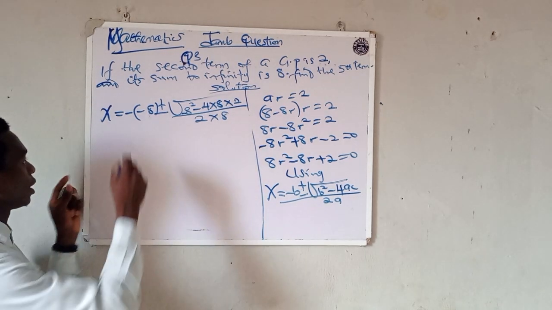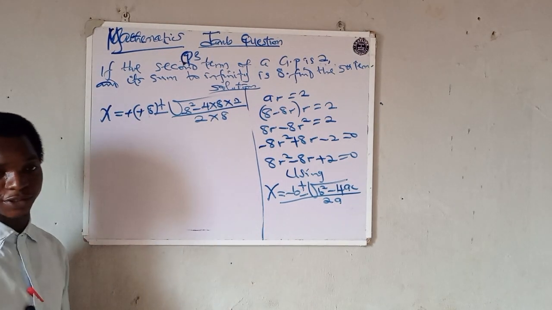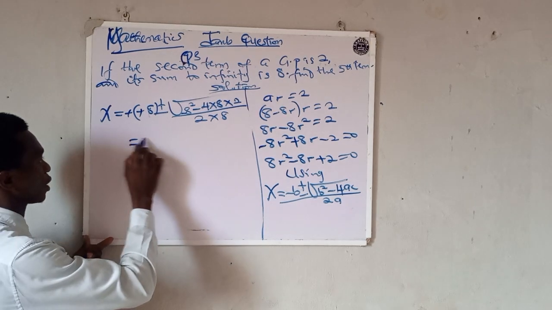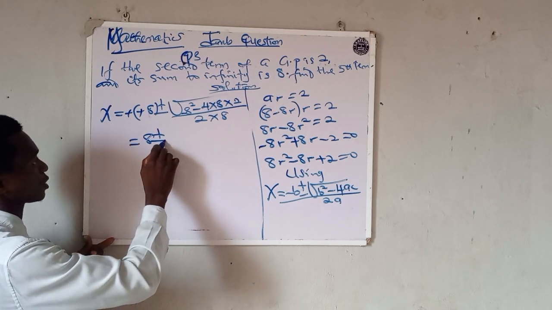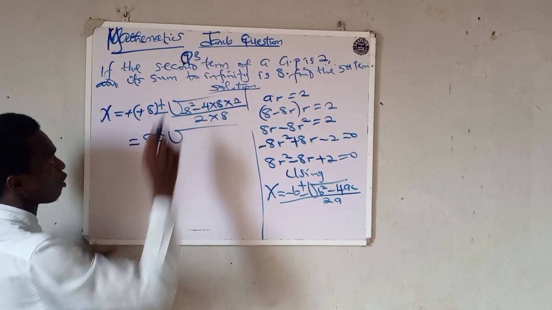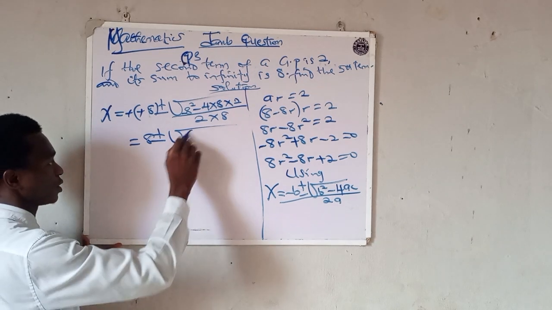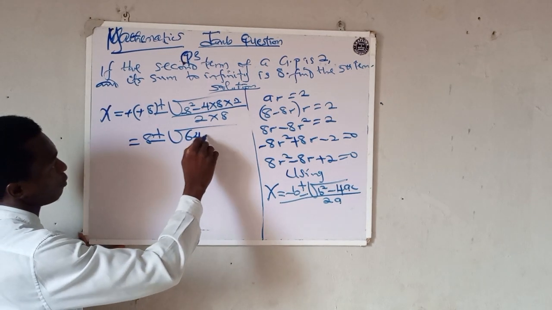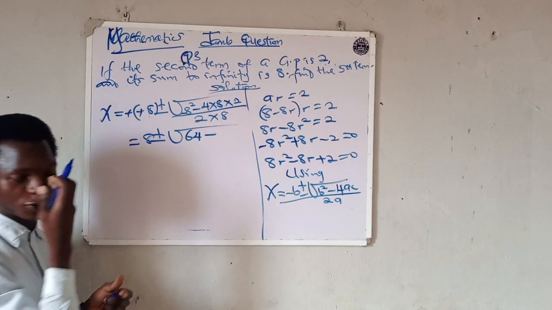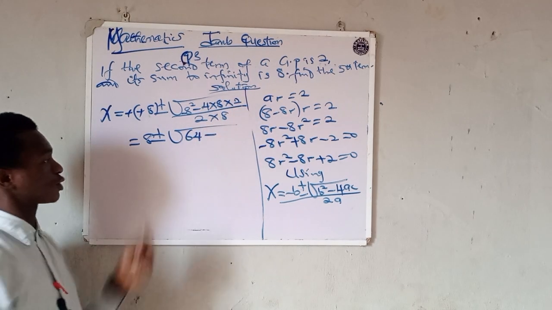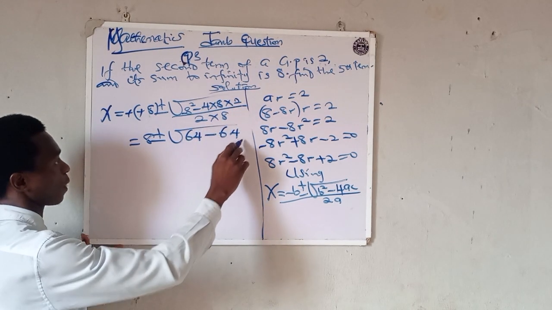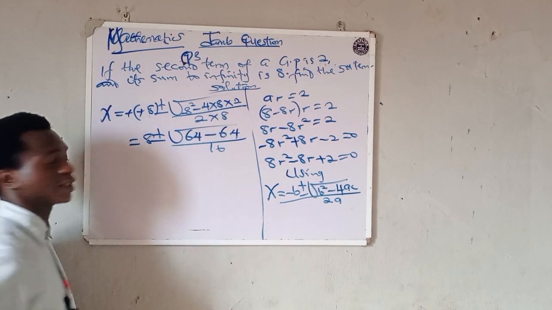Let's solve. The minus takes care of minus. This equals 8 plus or minus the square root of minus 8 squared, which will give us 64, minus this times this gives you 32, and 32 times 2 will give you 64, all over 16.